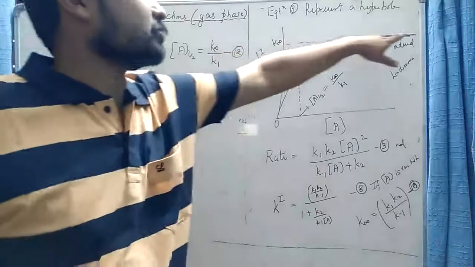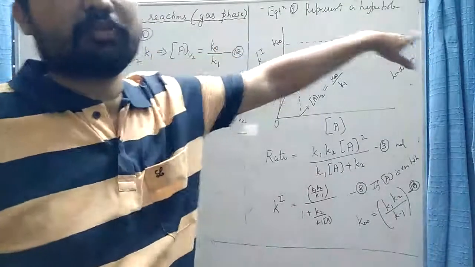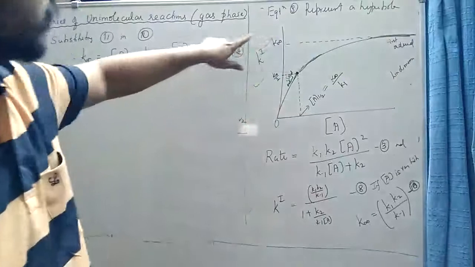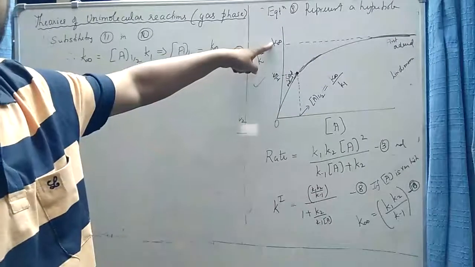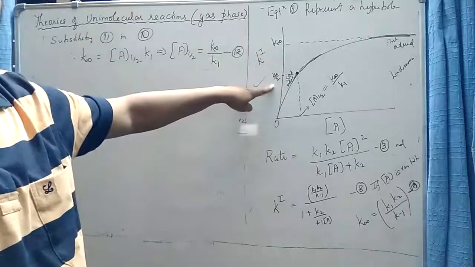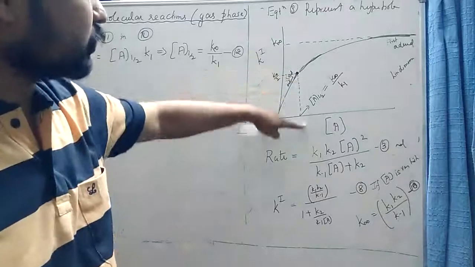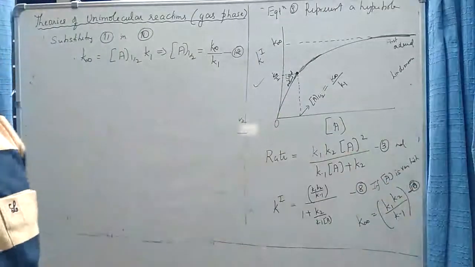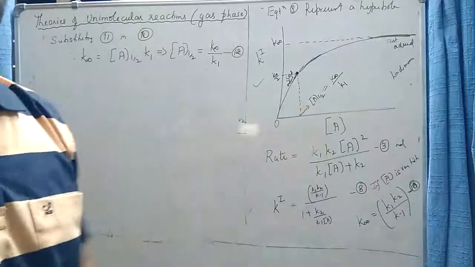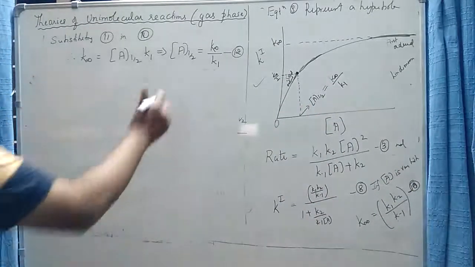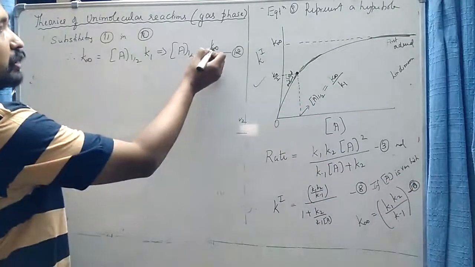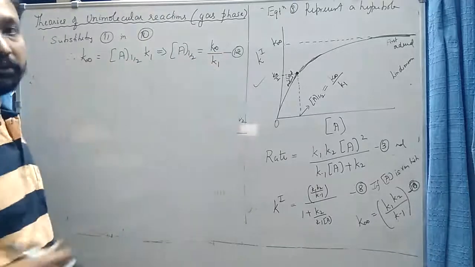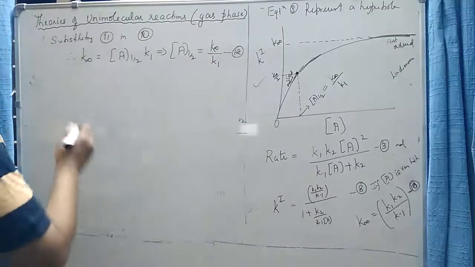K infinity is the maximum, saturated value. If I take half of that, that is k infinity by 2, the concentration corresponding to k infinity by 2 is nothing but a half. So experimentally I can find that transition point a half. Theoretically you can find a half by this formula, k infinity divided by k1.